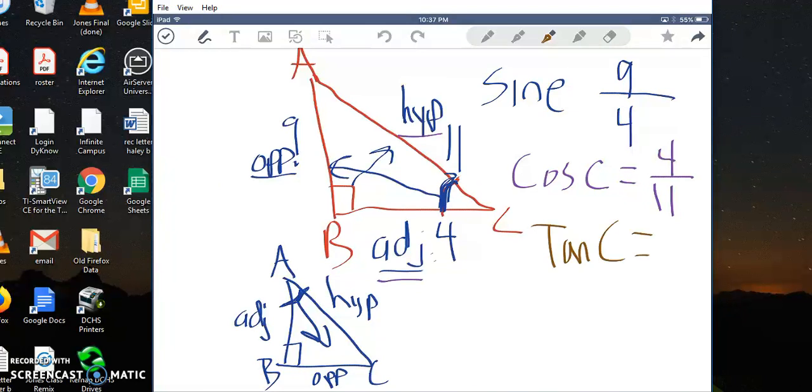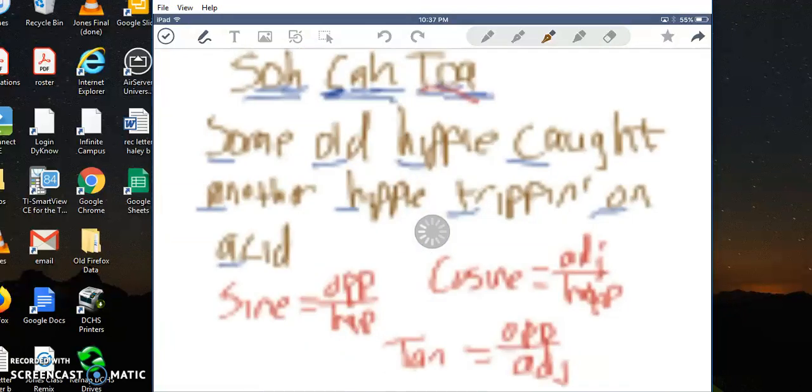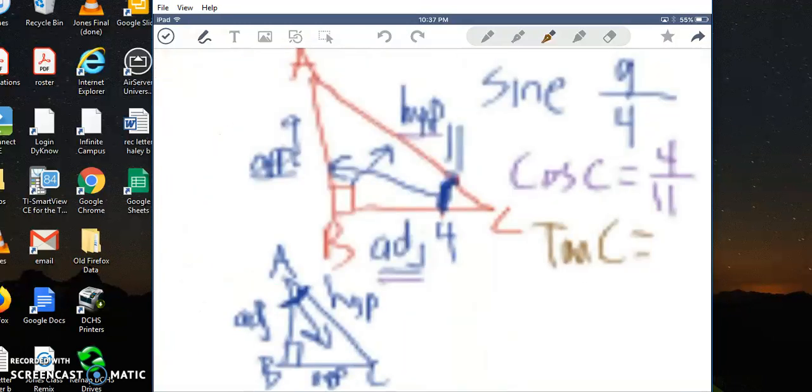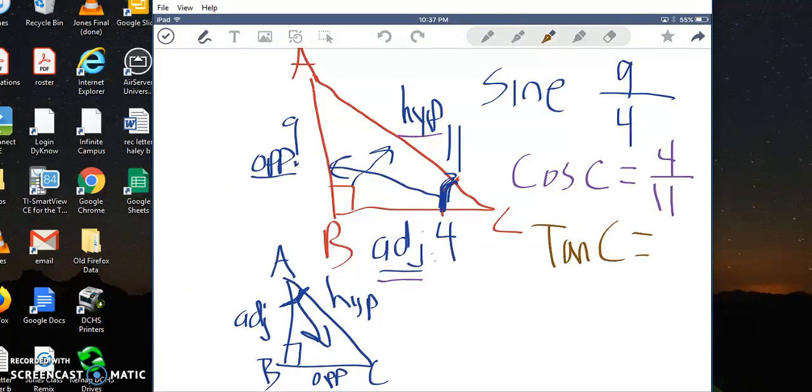So the tangent of C, and if we go back, tangent would be this one here, and it's opposite over adjacent. So the opposite of angle C is 9, and the adjacent is 4. Okay.